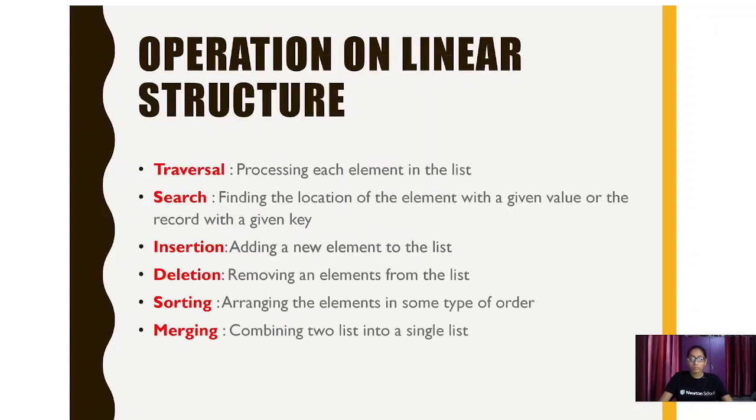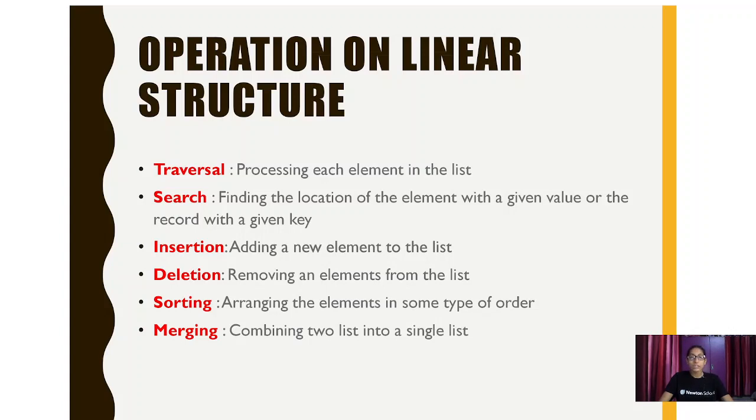While performing operations on a linear structure, we have six types of operations: traversal, search, insertion, deletion, sorting, and merging. Traversal is processing each element in the list.